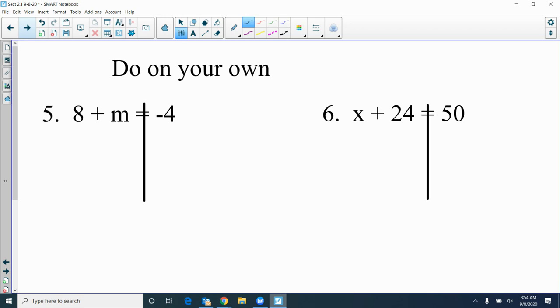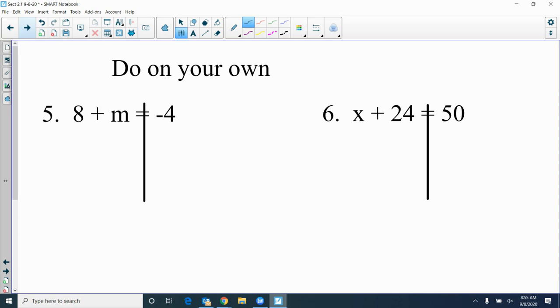All right, let me see what you got. No, that's number 5. Right there, when you do the minus symbol, you've got to write it on both sides. Okay, on number 6, draw the line underneath that. You have a subtraction sign here between the 24 and 50.